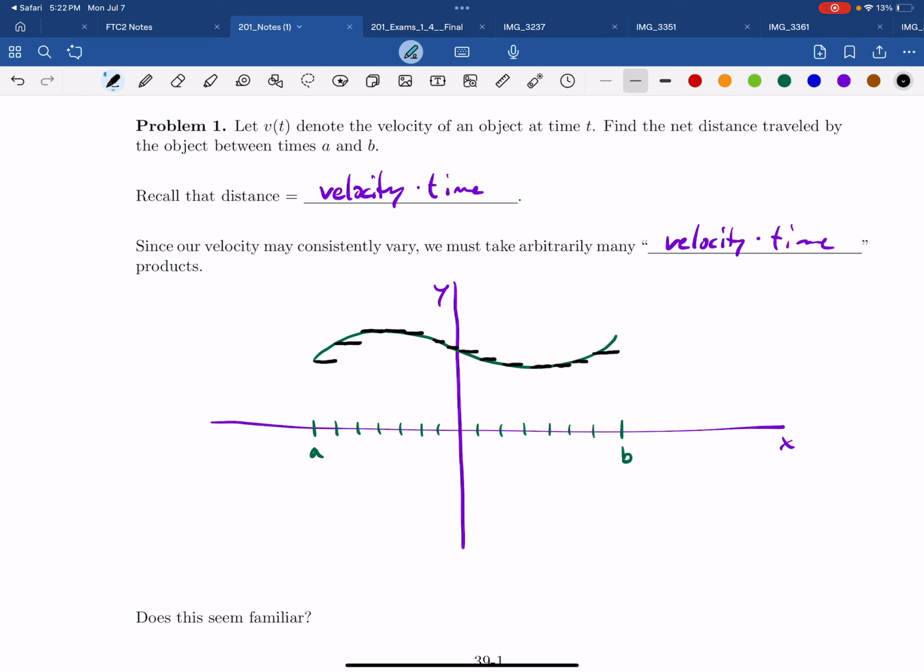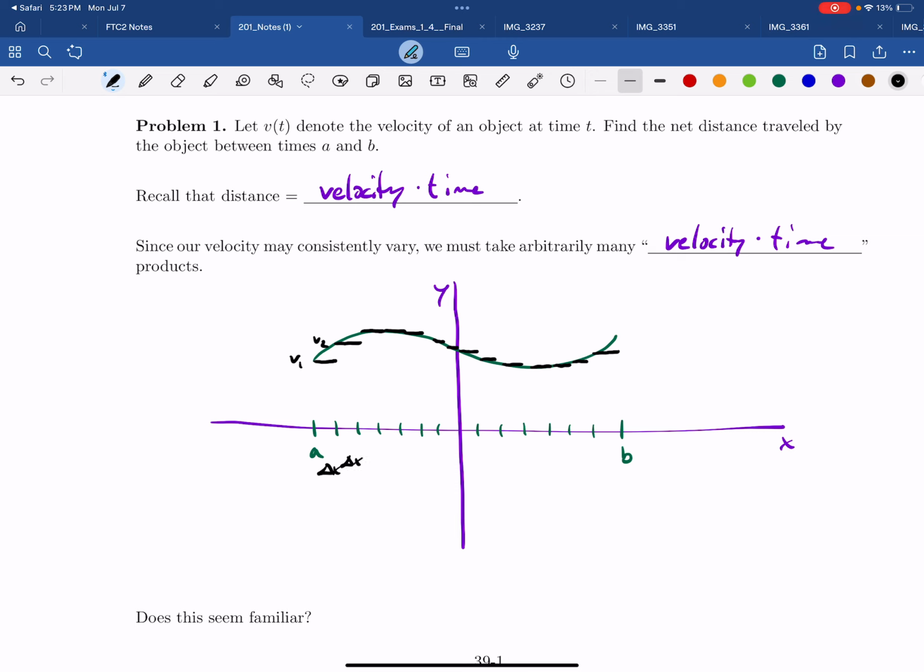All right? And so each of these is a certain velocity, call this V1, V2, etc., at a certain time, right? A could be like T1 and T2. And so what we could say is that the total position that we've covered is just velocity 1, actually really each of these is a delta x, right?